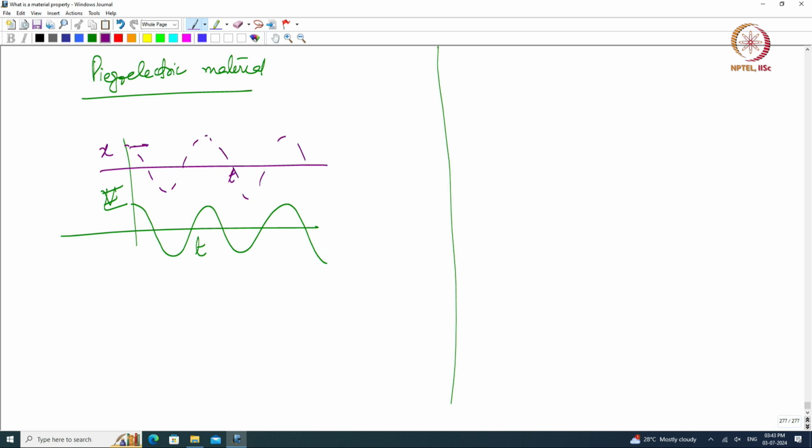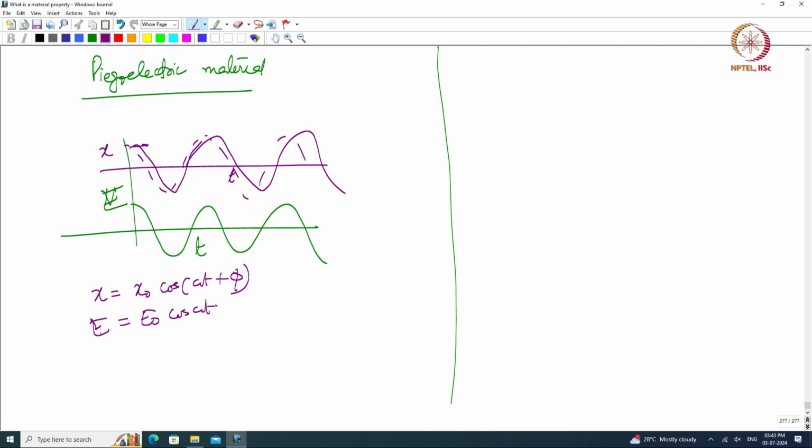So, the strain can be slightly out of phase, there can be some phase difference, x equal to x naught cos(omega t plus phi), whereas E equal to E naught cos(omega t).